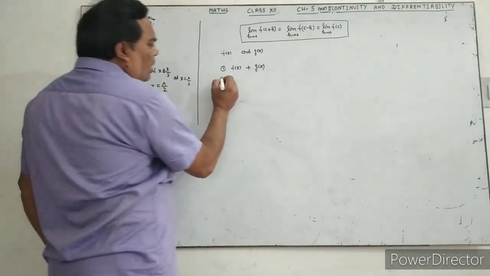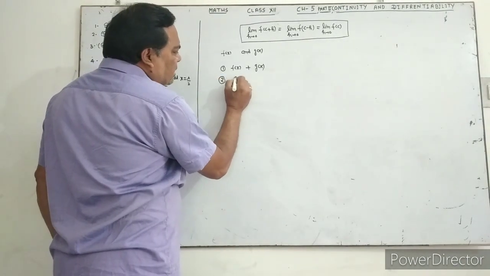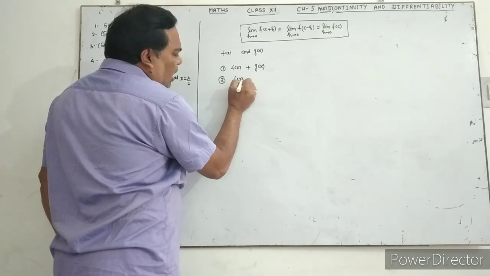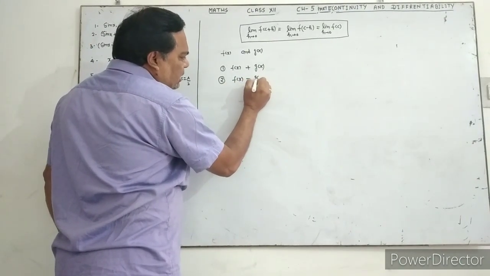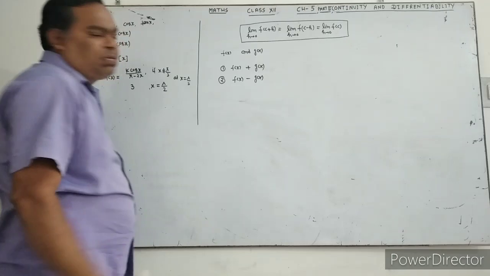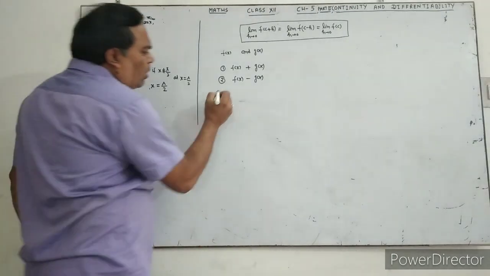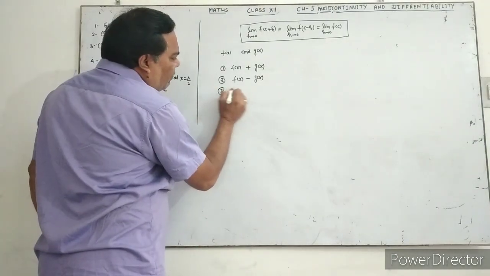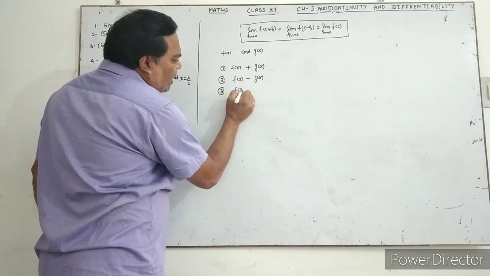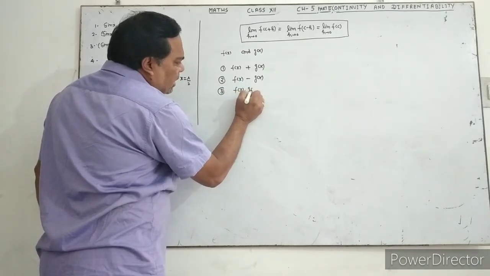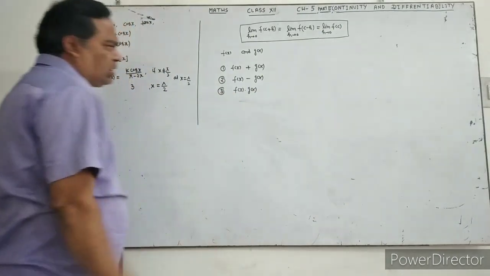Second theorem: the difference f(x) minus g(x) is also a continuous function. Third theorem: f(x) into g(x) is also a continuous function.